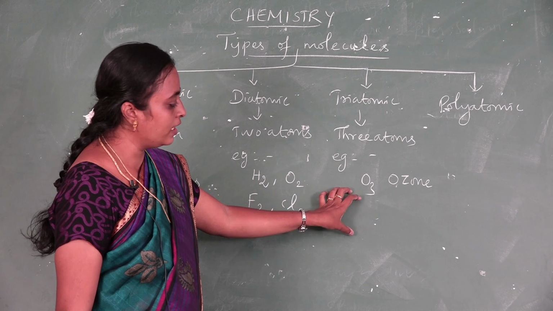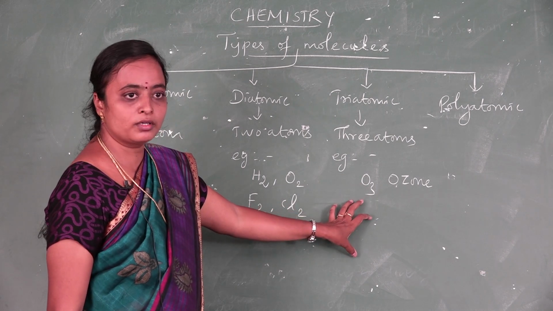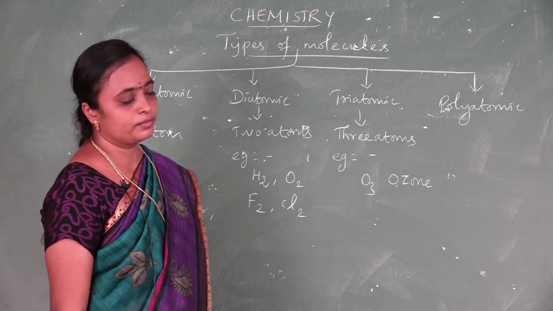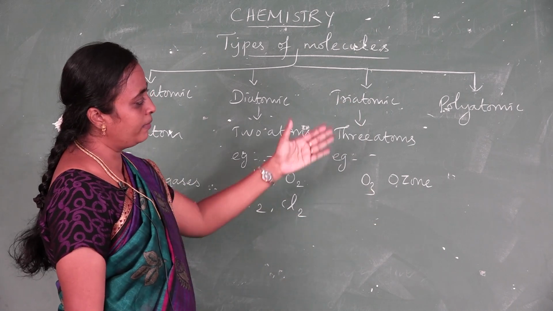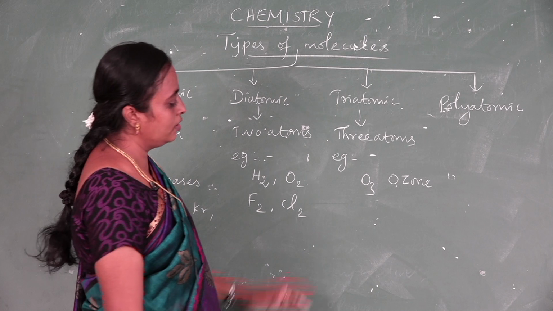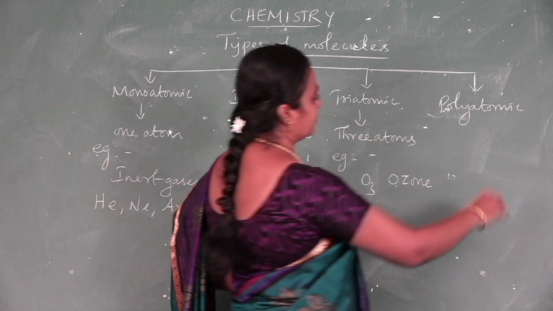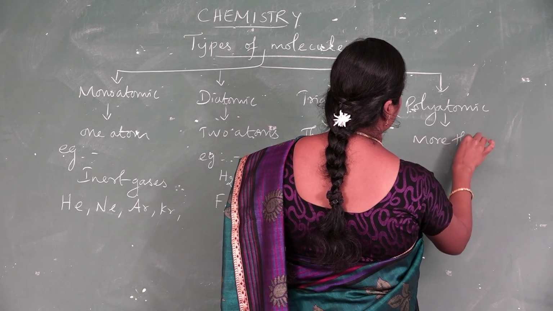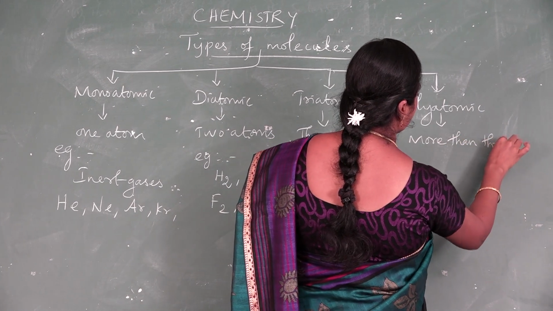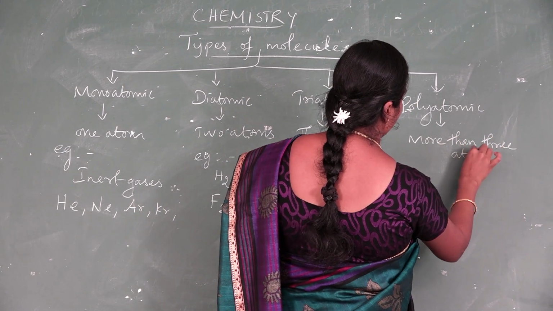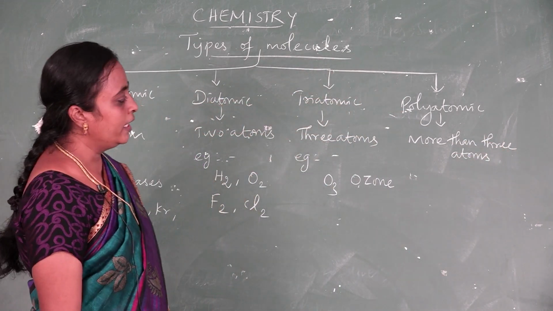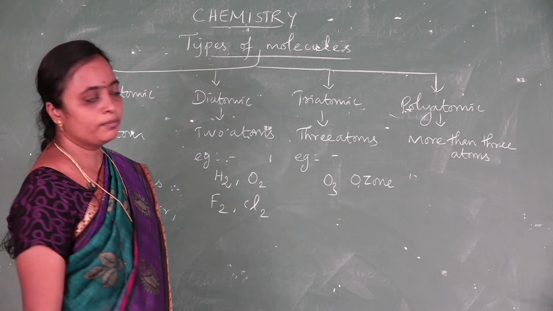So if three atoms are present in a molecule, it comes under the category triatomic molecule. In the same way, a polyatomic molecule is one with more than 3 atoms. If a molecule contains more than 3 atoms, it comes under a polyatomic molecule.